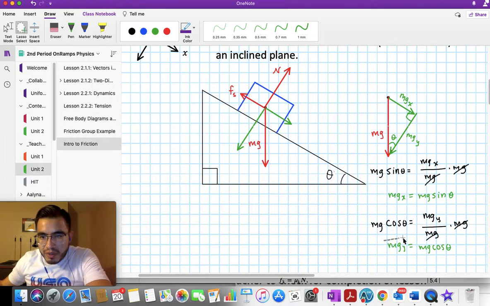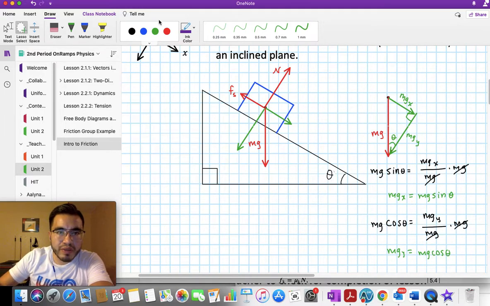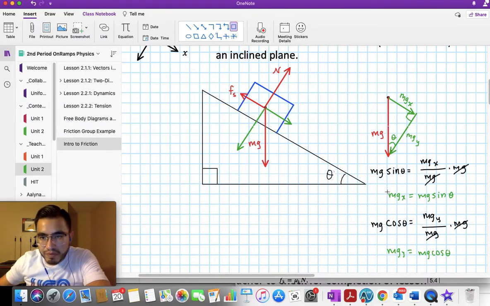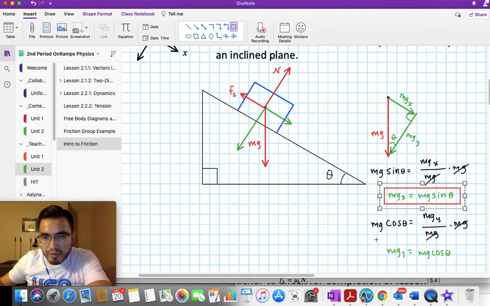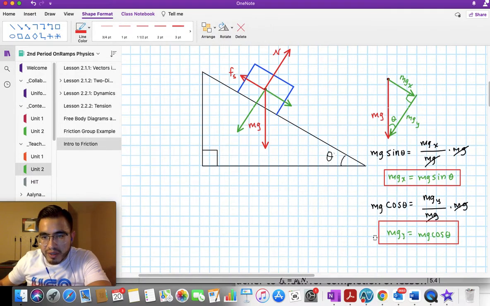I'm going to move this a little bit. These two equations, guys, are very important. You're going to use them many, many times. This is why they're boxed.